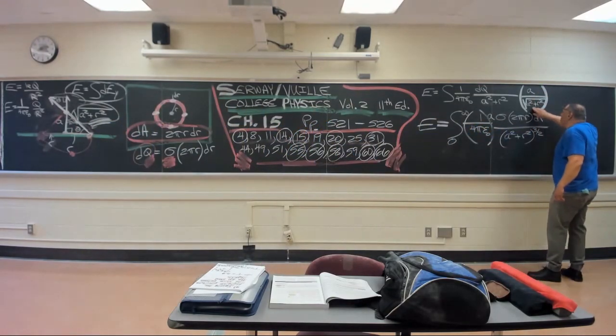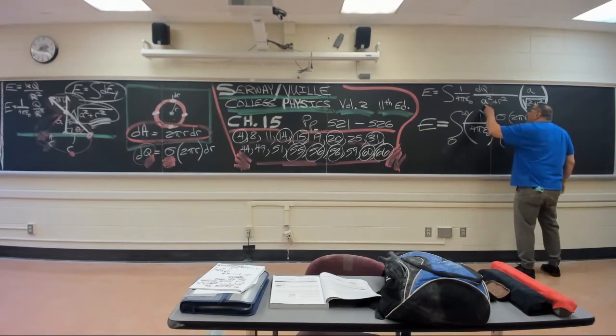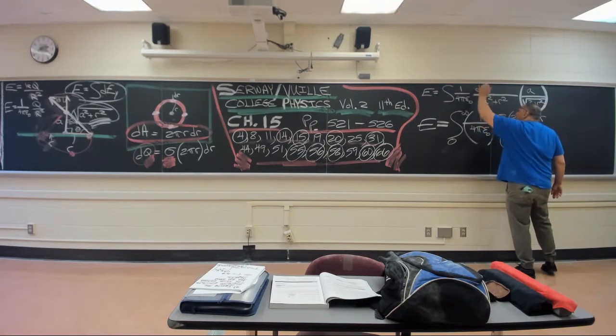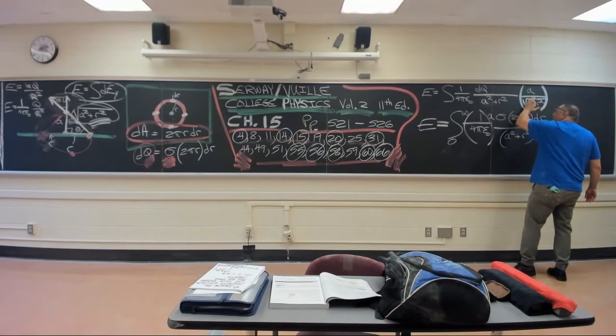A over the square root of the quantity a squared plus r squared is the sine in all instances. A is a constant, but r is going to keep changing. R is going to go from 0 to infinity. The square root of the quantity a squared plus r squared, squared, is just a squared plus r squared. dq on top of that, k q over r squared times the sine of theta.